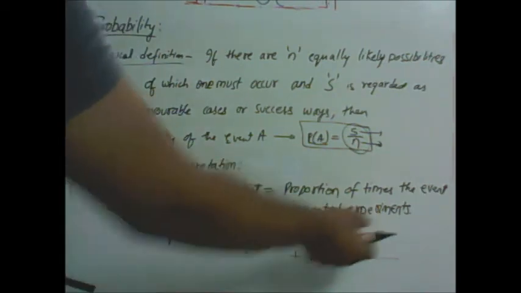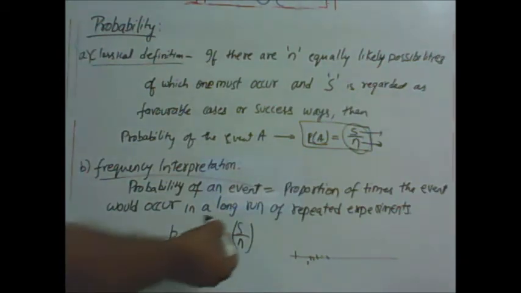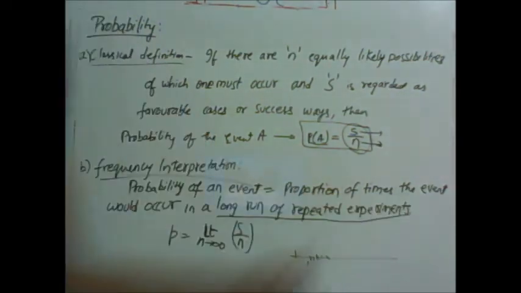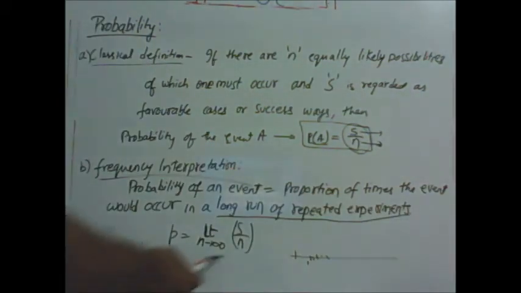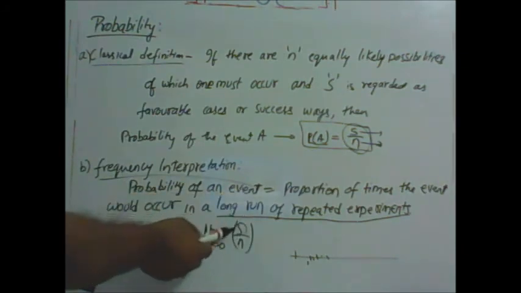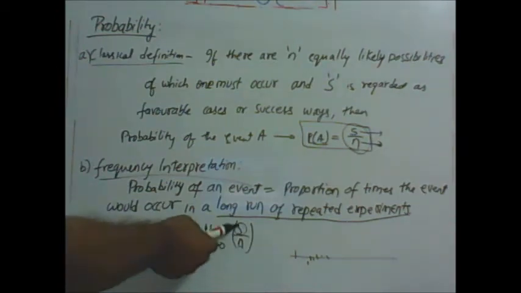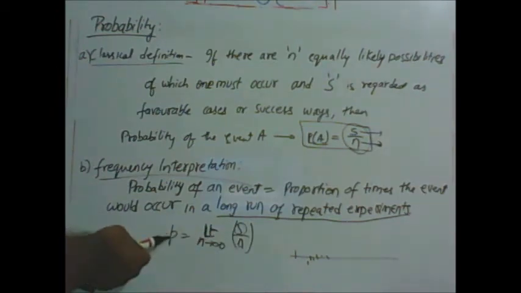So there is continuity, and the number of experiments also can be many in a long run of repeated experiments. As the number of experiments n tends to infinity, for a particular event A, if S is the success rate, then the ratio S by n gives the probability.